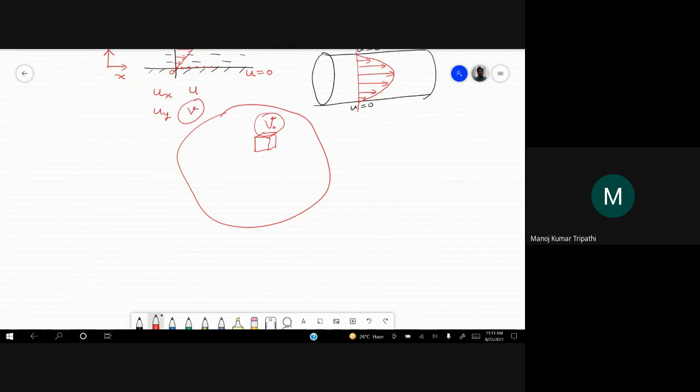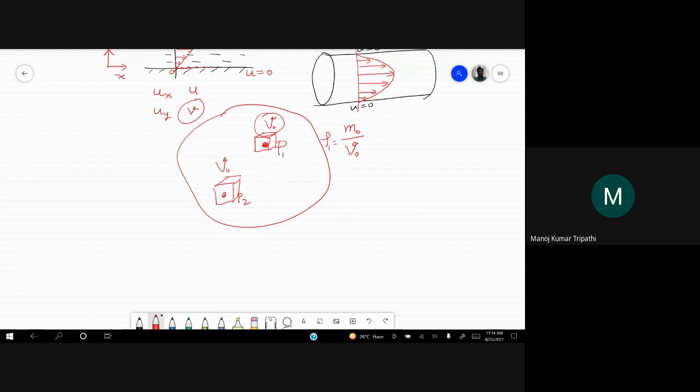Okay, let's say around some point P1, you consider this volume. And let's say around some other point P2, you consider another volume, same volume V0, and take the mass of the fluid around point P1, M0 by V0.